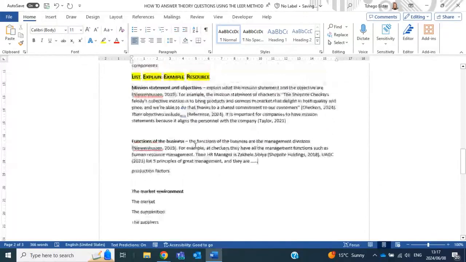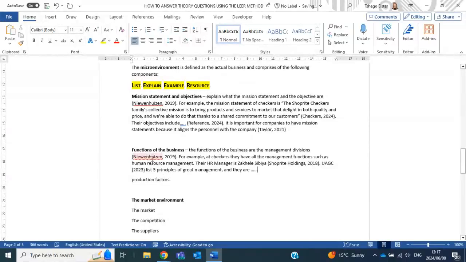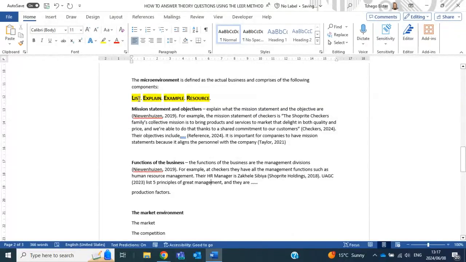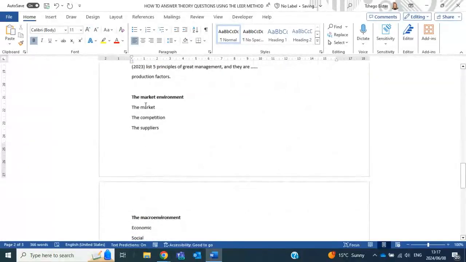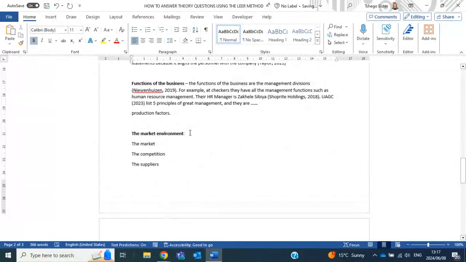And there again, just as with the second one, you've got another reference from your textbook, another reference from ShopRite, and another reference from UACG, you see. So that's basically it. You've listed it, you've explained, you've provided an example, and you've provided a resource. And for every single one, let's say LEER, I'm just going to put LEER.